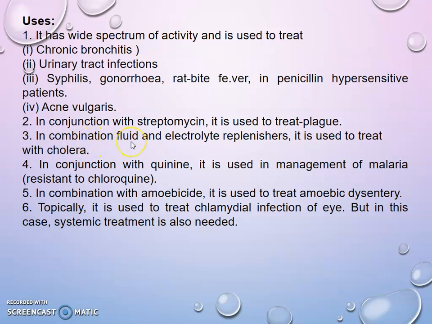In combination with fluid and electrolyte replenisher, it is used to treat cholera. In conjunction with quinine, it is used in management of malaria resistant to chloroquine. In combination with amebicide, it is used to treat amoebic dysentery. Topically, it is used to treat chlamydia infection of the eye, but in this case systemic treatment is also needed.